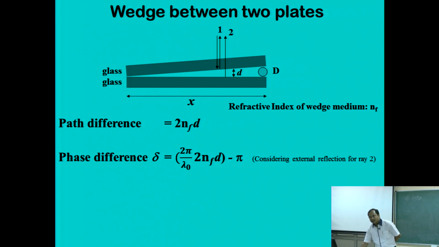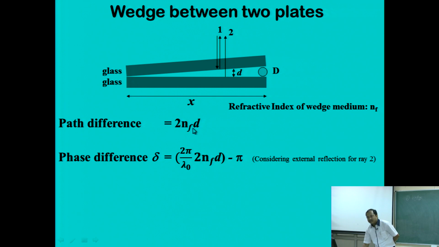It is very easy to see that ray 2 is actually traveling an additional distance. It goes down the wedge and comes up the wedge. So, if the wedge thickness at this point is d, then the additional path it travels is twice d, and then you multiply it with the refractive index, as I said, to get the optical path.